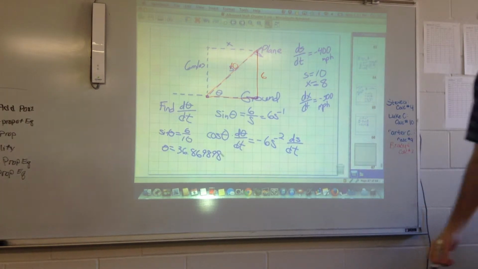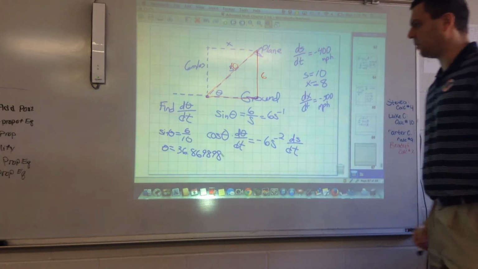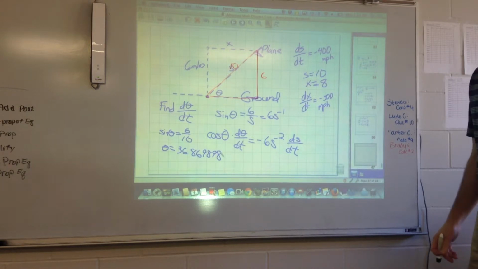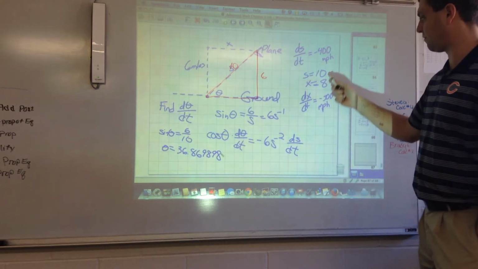Then I could go ahead and plug in everything that I know and figure out how fast the angle of elevation is changing. Can you plug in 10 for the s? Because it's not instantaneous. You can plug in 10 for the s, yes.